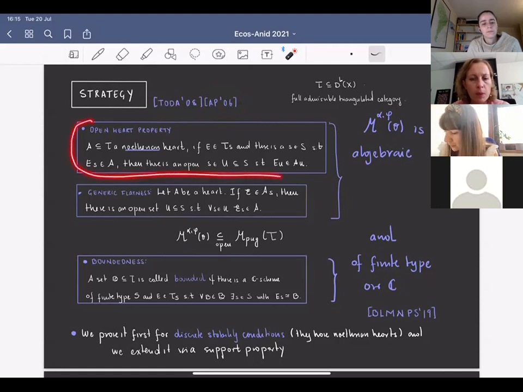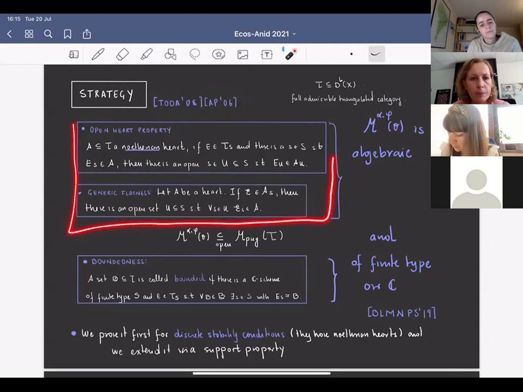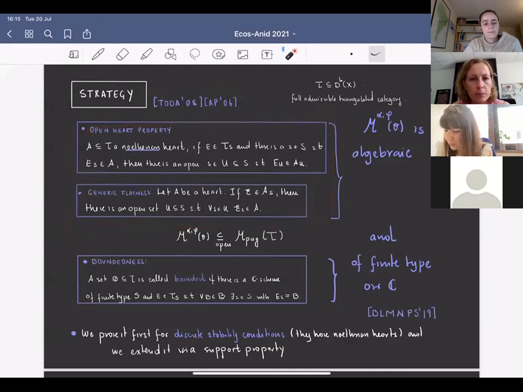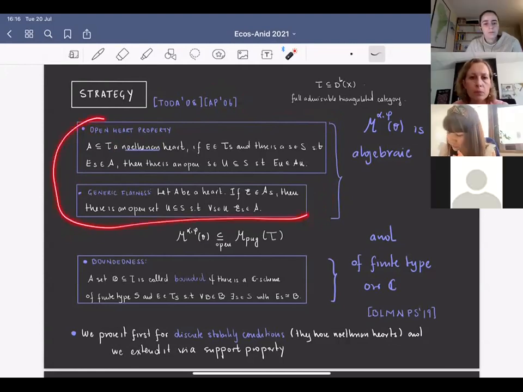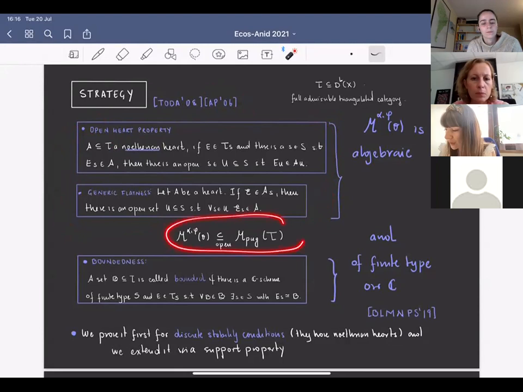So first of all, we have two properties, the open heart property and generic flatness. The open heart property, it is important that it is for Noetherian hearts. I'm not going to say what they are explicitly, I'm going to say what we can prove and in which cases. But these two conditions are going to give us that this is an open stack, and that gives us that it is algebraic.